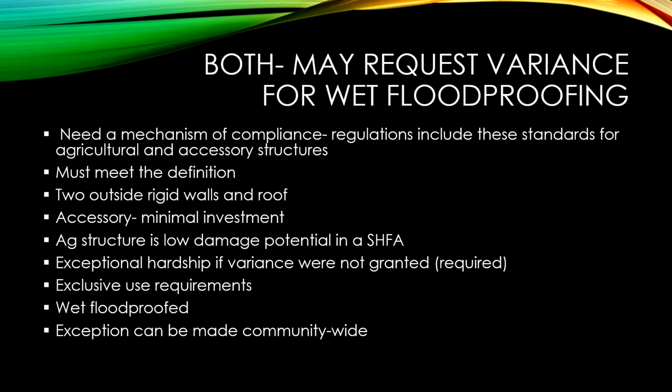And then we're able to prove exceptional hardship if we're not given a variance. That's always how the variances work. That means extraordinary circumstances on local conditions, which means hardship or inequity. And we have to have sufficient justification for that to get a variance. We can also have a community-wide exception.